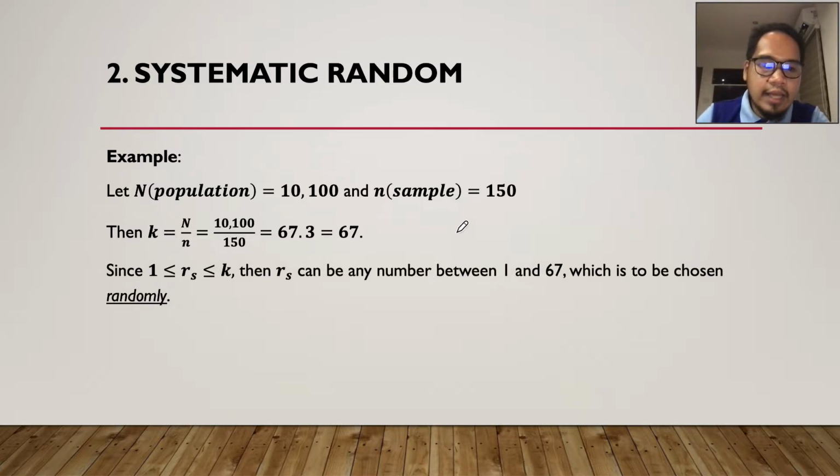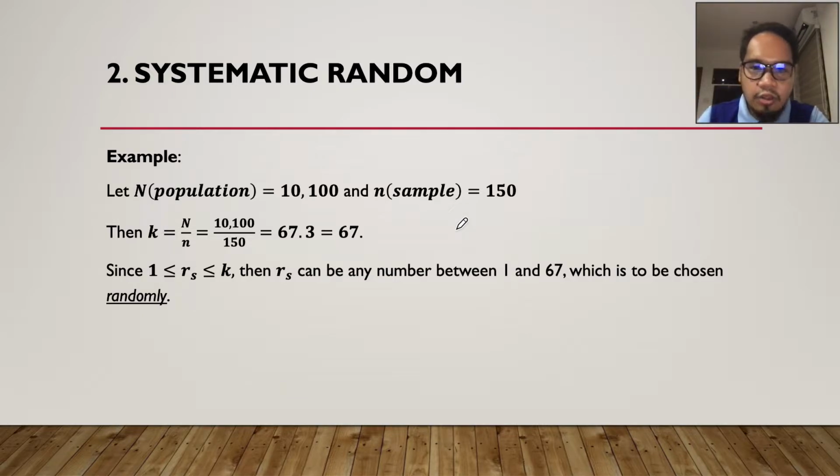From that, you randomly choose a number from 1 until 67. That number may be produced by anyone, not by you, not by anyone affiliated with your research, as long as it is random.